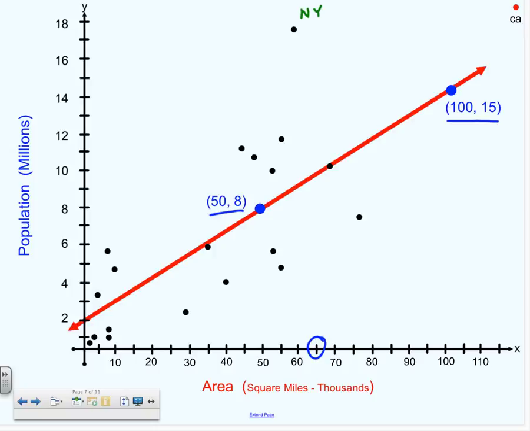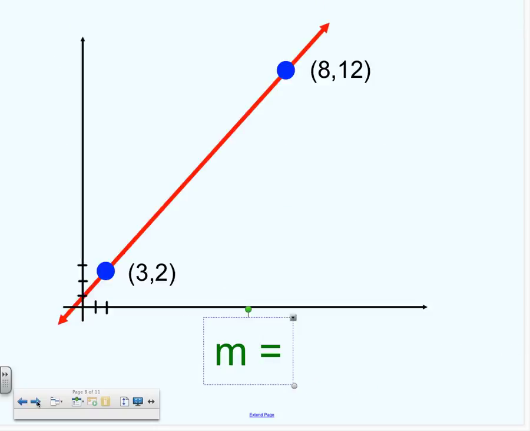So let's do a quick review. If I have 2 points on a line, how do I find the slope? Well, there's 2 ways to do this. The first way is to do rise over run. So if I simply draw a step starting at this one, going up and over, I can figure out how far I've gone up and how far I've gone over.